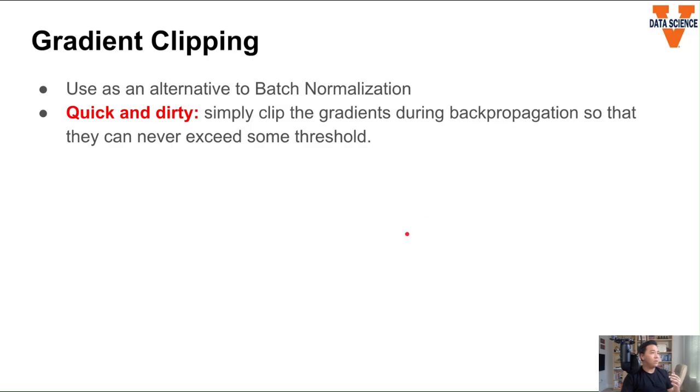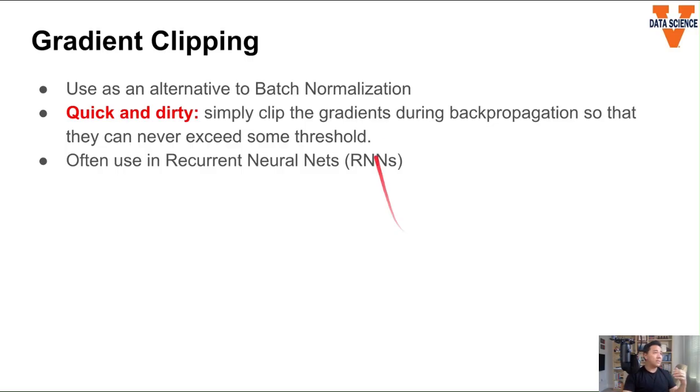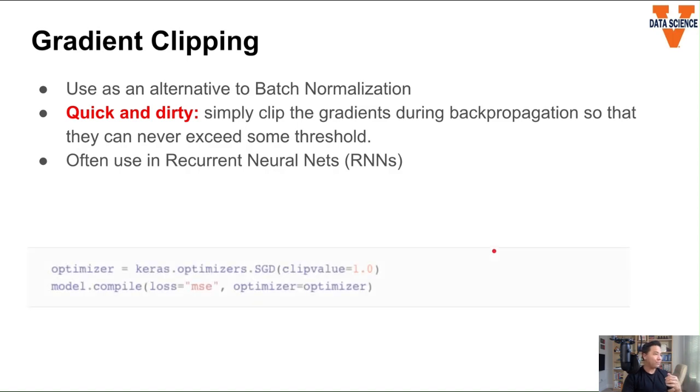And typically it is used more in recurrent neural nets, which will be covered in a few modules. But this is a quick and dirty alternative to batch normalization. Typically, I would recommend you use batch normalization when you do the training anyway. And you can do the clipping directly from the SGD optimizer.